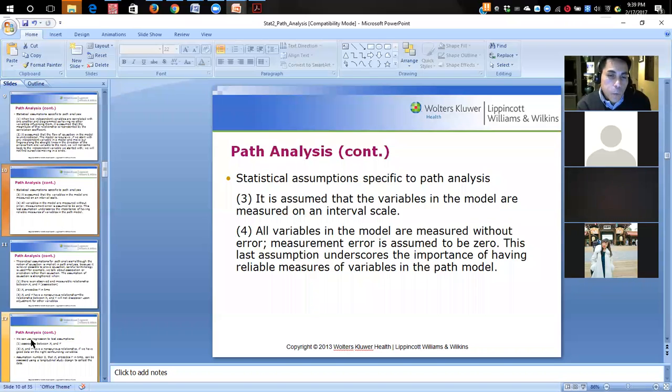This is basically telling us that it has to be biological markers. And so that's where there's a lot of controversy about using path analysis in social sciences and in nursing sciences, because our measures are not at the interval scale. Our measures do not have a measurement error that's assumed to be 0.